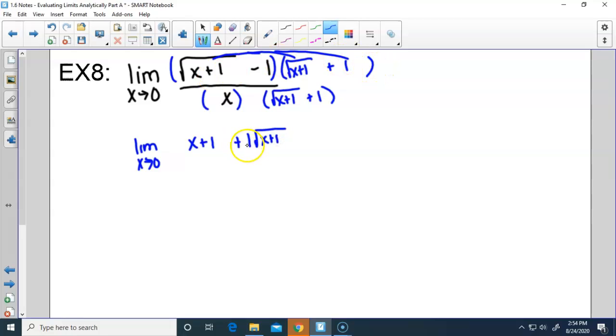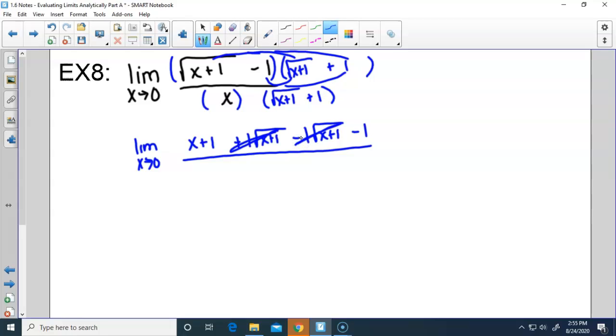I'm just putting it there in case, so it will help you when you see other numbers there. Minus 1 times the square root of x plus 1. And then negative 1 times positive 1 is going to give you a negative 1. And so what should happen every single time here, if you've chosen the correct conjugate, is these middle two terms are going to cancel out.